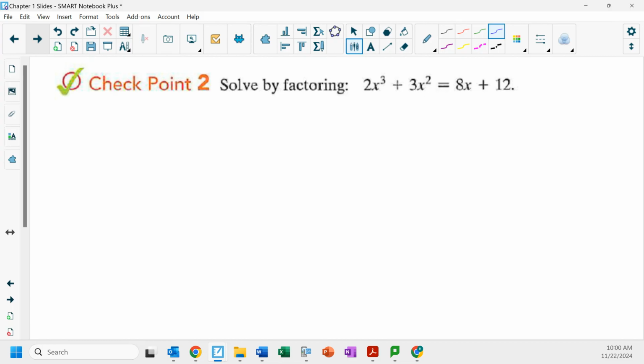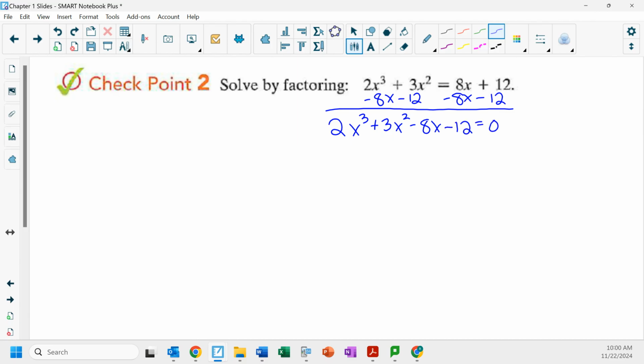All right, so again, according to our flowchart, first thing we're going to do is get one side equal to 0. I'm going to move the 8x and the 12 over to the other side. So we get 2x cubed plus 3x squared minus 8x minus 12 equals 0.